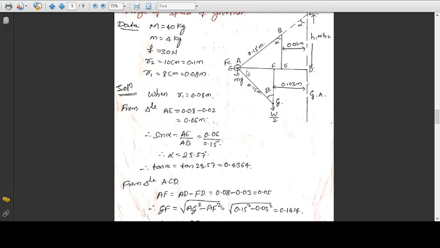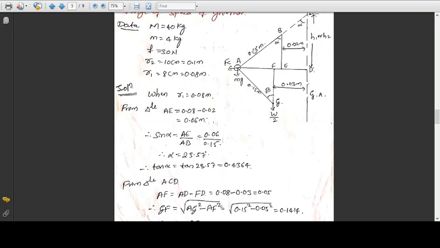In this triangle we need to know the value of AE. So AE is given by R minus the distance of the pivoted point from the governor axis. So AE equal to 0.08 minus 0.02. So you will get AE as 0.06 meter.